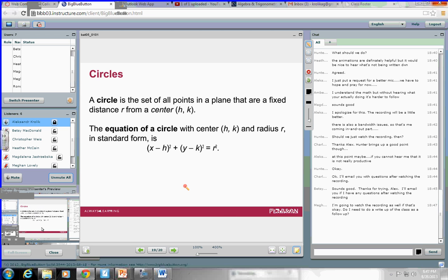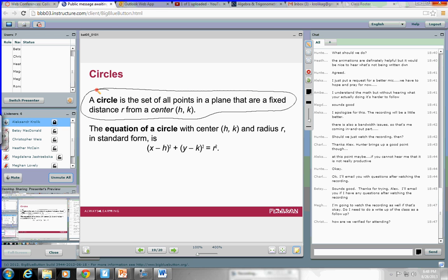Here we go. Here's a nice definition. Don't read the second part, but the real definition here is this. A circle is the set of all the points in a plane that are a fixed distance r, the radius, from some center. Don't look at this yet. We don't know what that means. So they just decided to use the letters H and K.